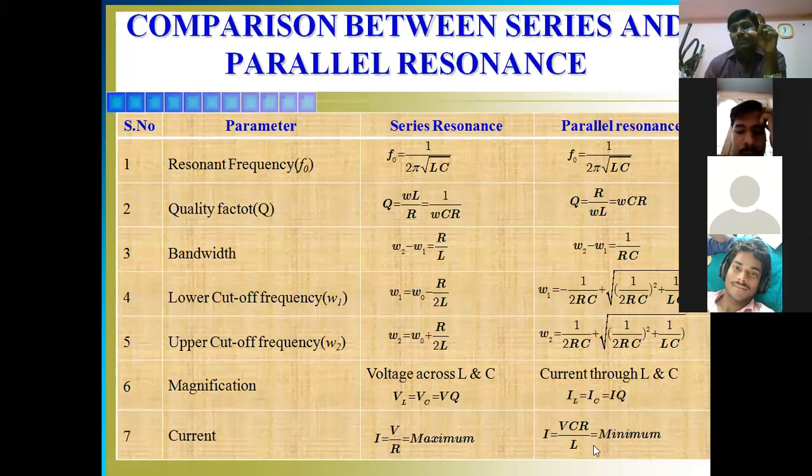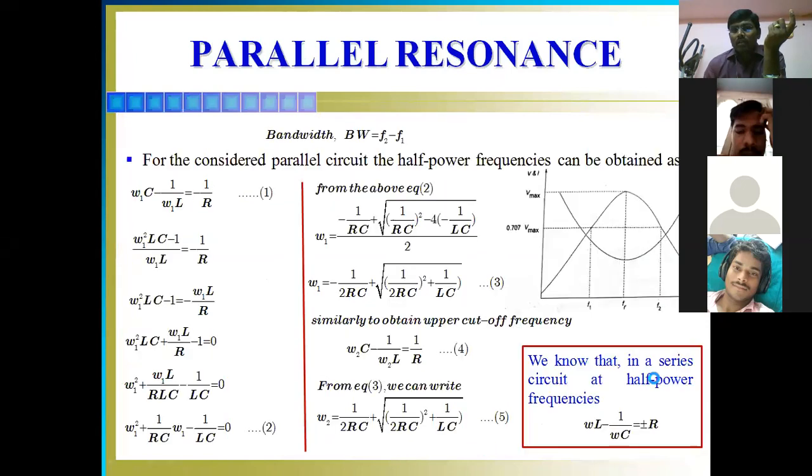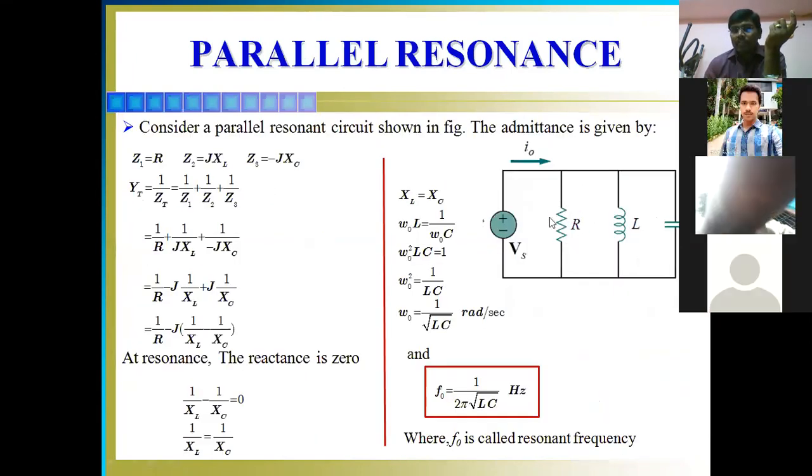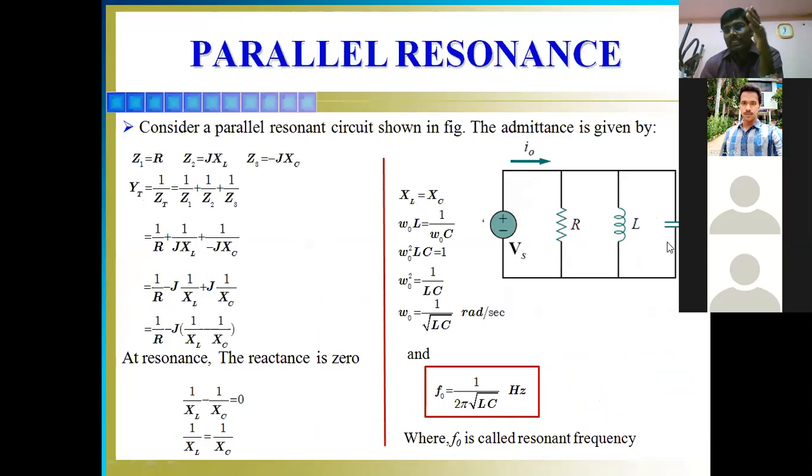Whereas in the parallel circuit, the value of R is as large as possible. If R is minimum, the voltage may get short circuited, so this R should be as large as possible in order to get maximum power from the source.